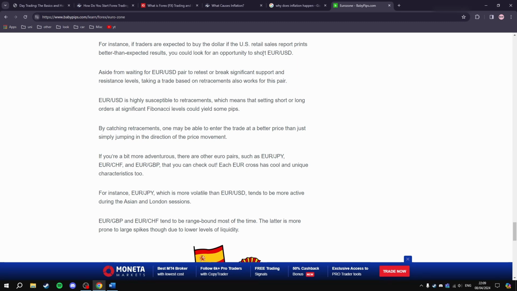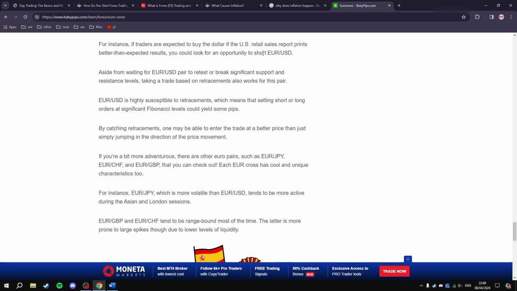So, traders are trying to buy the USD because a recent retail sales report prints out better than expected results, meaning the economy is booming. If the economy is booming, then more investors are more inclined to invest in that country. Therefore, they're going to need that country's currency to invest.